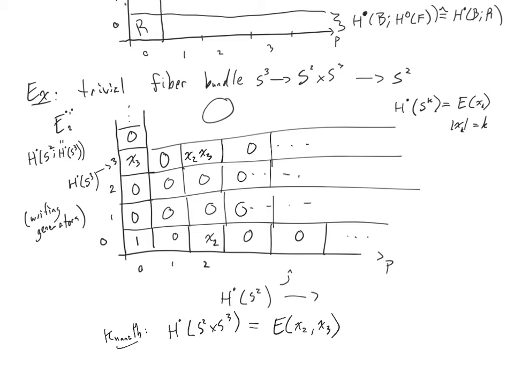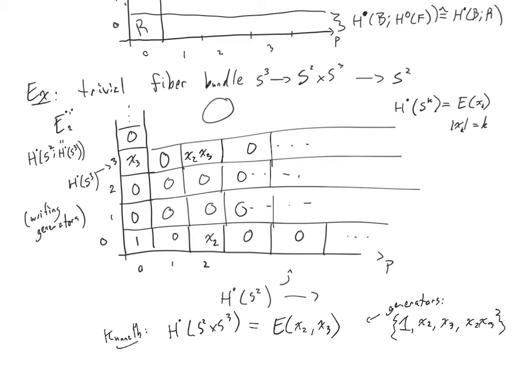And that should have elements living in degrees 0, 2, 3, and 5. So what are the generators? 1, x_2, x_3, and x_2 x_3. And we can see those all on this page.